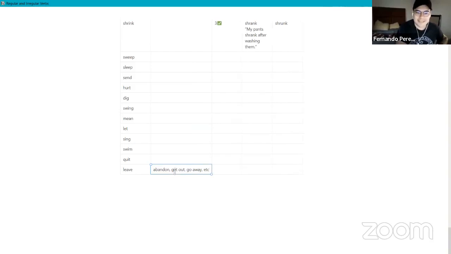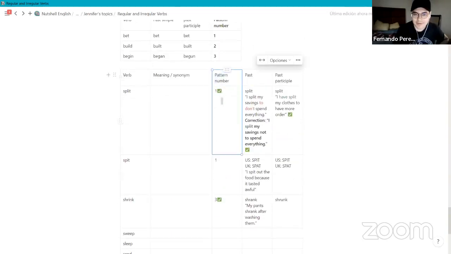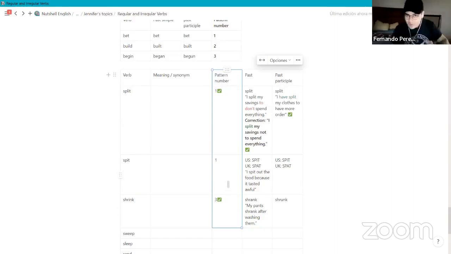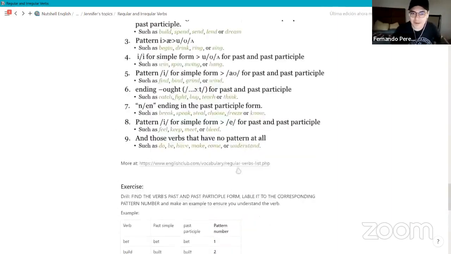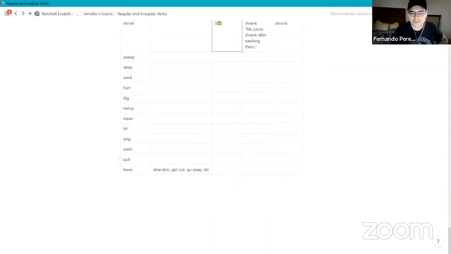You see? After you know the meaning, you need to check the pattern number. And the only way to check the pattern number, according to this, is using the dictionary.